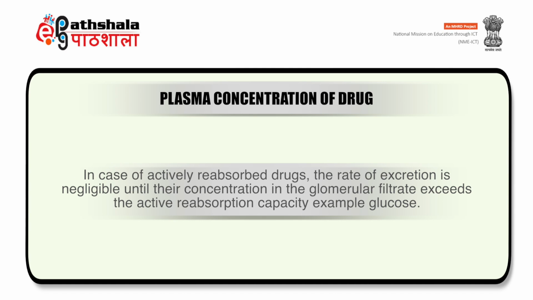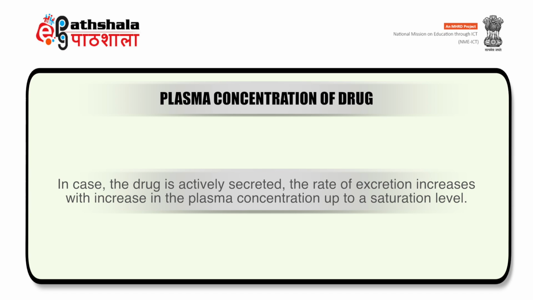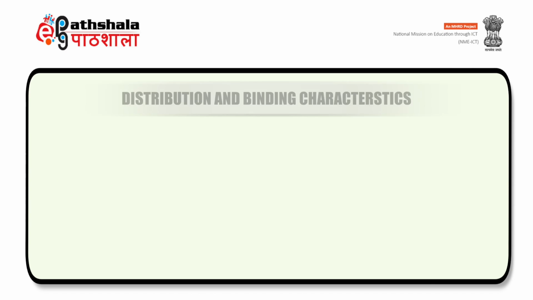In the case of actively reabsorbed drugs, the rate of excretion is negligible until their concentration in the glomerular filtrate exceeds the active reabsorption capacity, for example glucose. If the drug is actively secreted, the rate of excretion increases with increase in plasma concentration up to a saturation level.